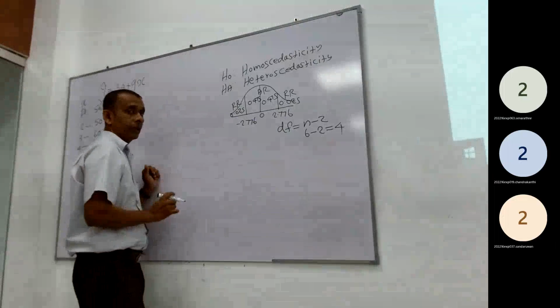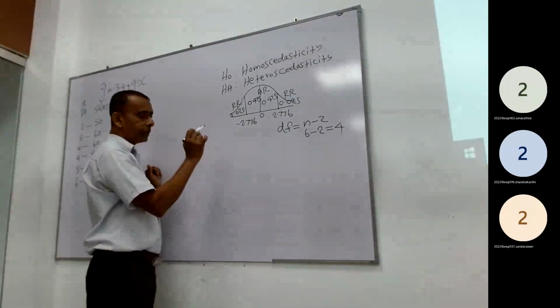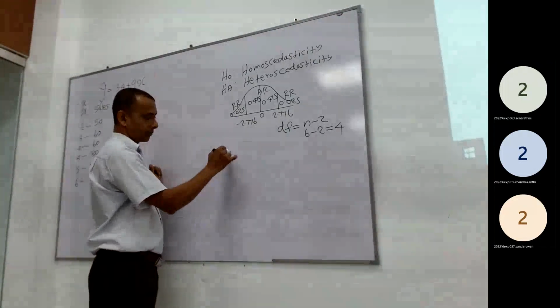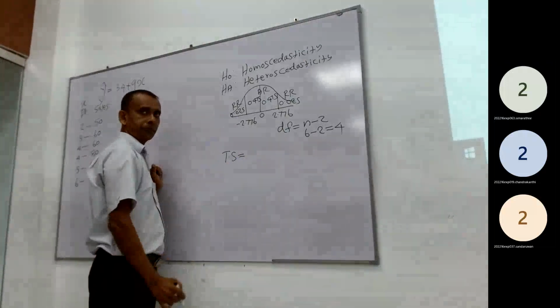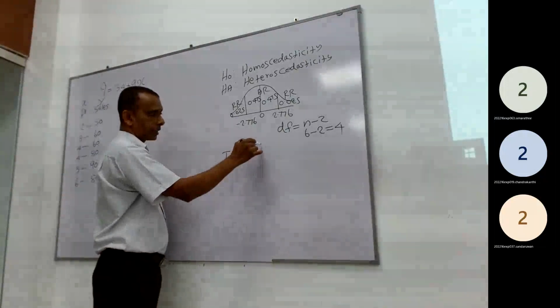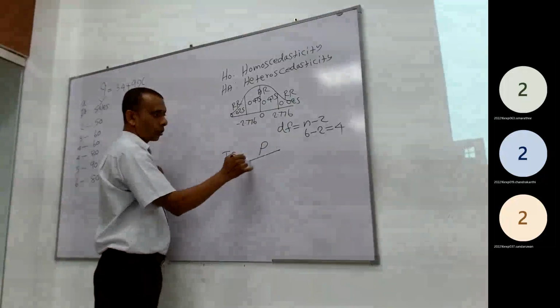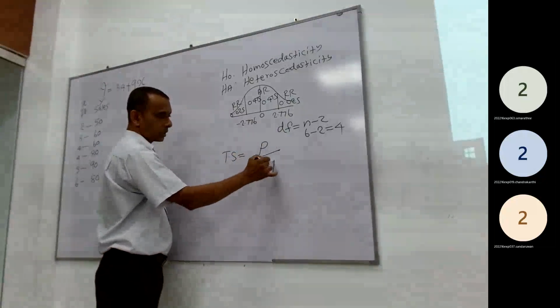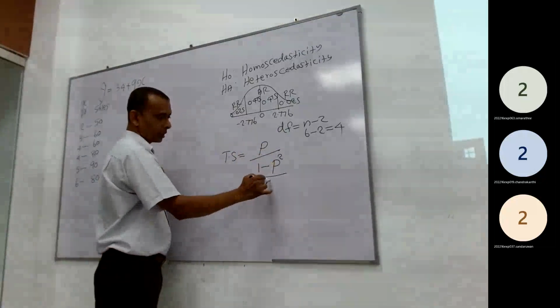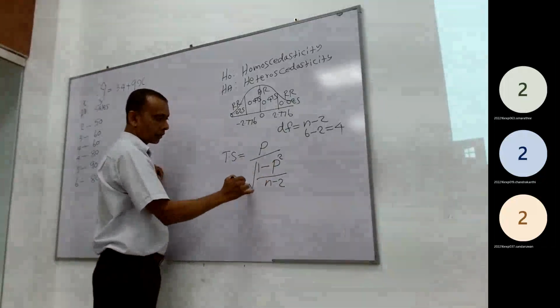Right. Then I want to calculate the test statistic. Test statistic: rho times the square root of (n minus 2) over (1 minus rho squared).